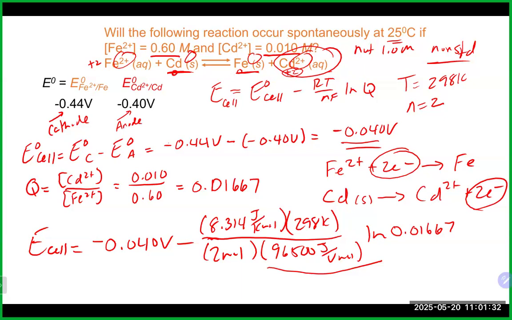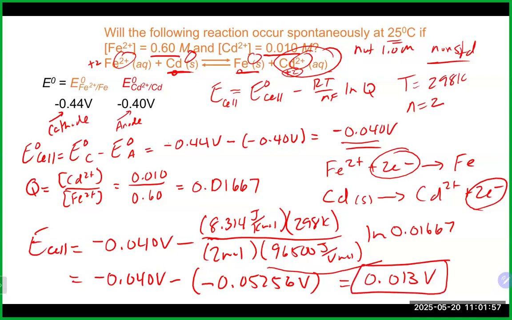That is going to get me still negative 0.04 volts minus now a minus 0.05256 volts basically. So finishing out here, minus 0.04 minus my answer there is going to yield a whopping voltage of 0.013 volts in this case.